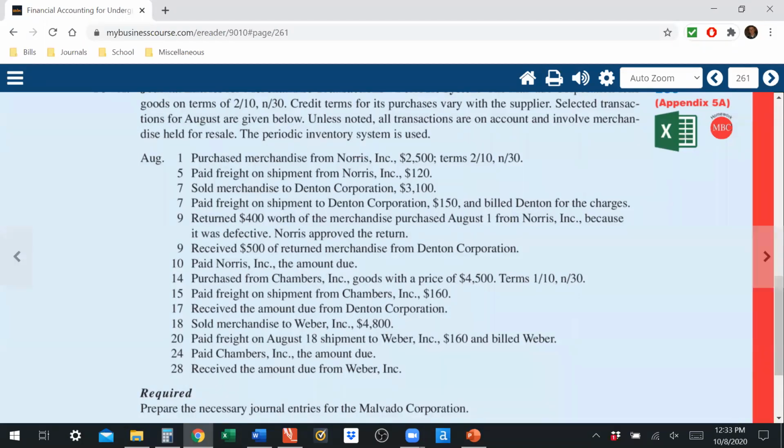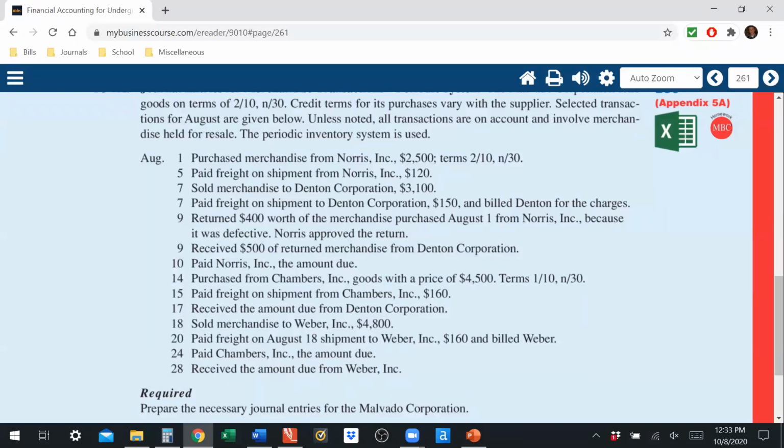But then Denton gave us back on August 9th, they gave us back $500. So really they only owe us the $3,100 minus the $500, plus the $150 for the shipping, right? We'll keep the shipping separate. The $3,100 minus the $500 is our account receivable with Denton, plus the $150. That's all part of the account receivable with Denton.